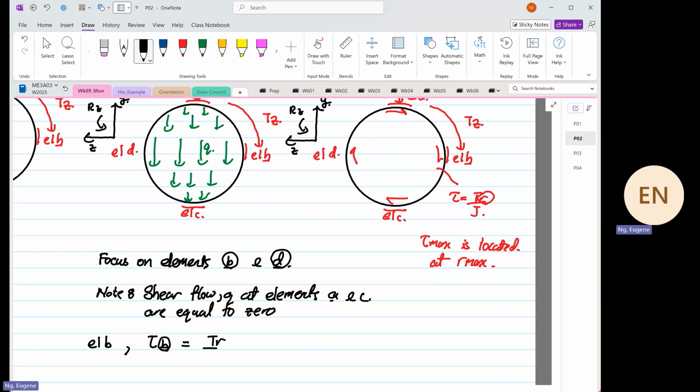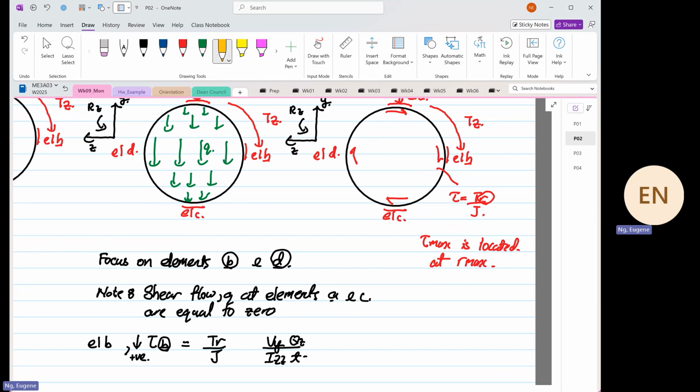TR over J. And then the next one, we know that we will have a VY over IZZ QZ over T. Now we are going to assume that when the shear stress is coming down, it is what? Positive. I repeat again, when the shear stress is coming down, it is what? It is positive.